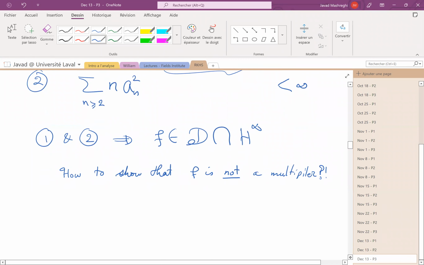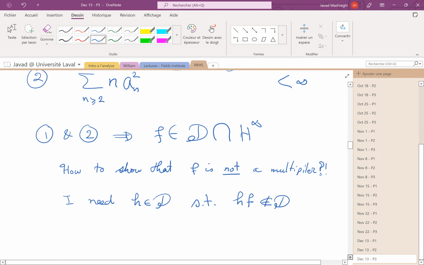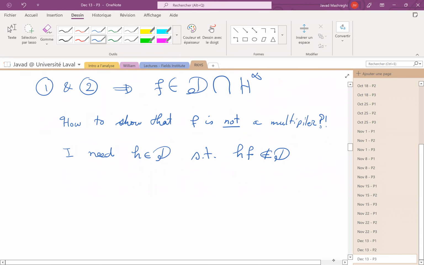Well, to show that it's not a multiplier, I need, say, a function h in D such that when I do h times f, this is not in D. I need to find a good h. And this is again done by this definition.